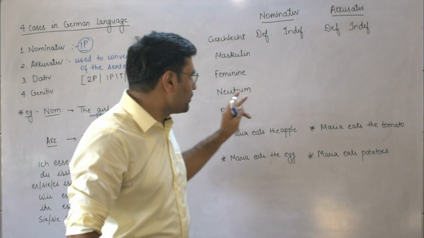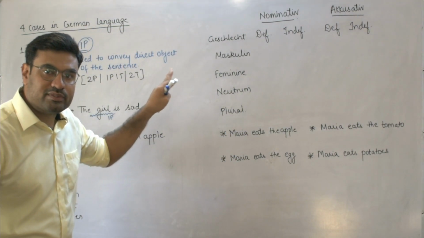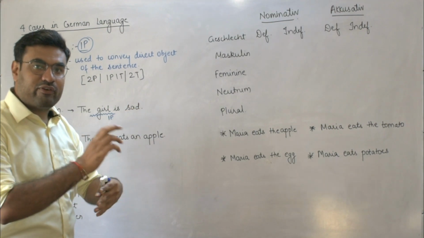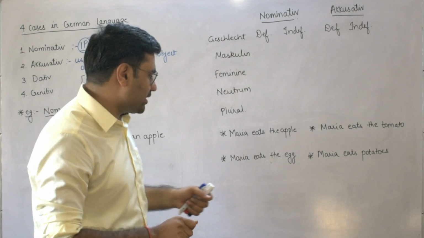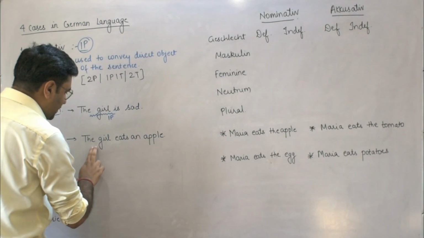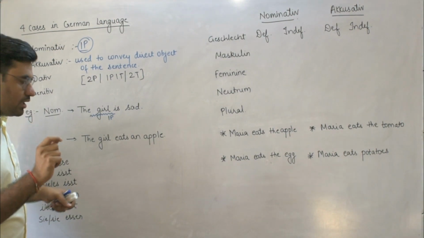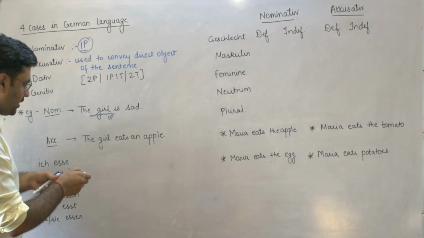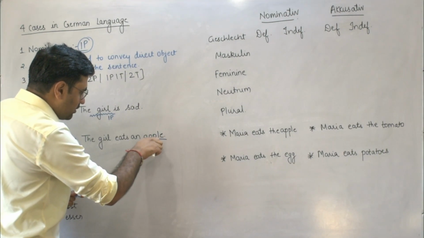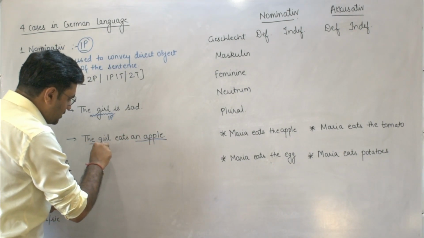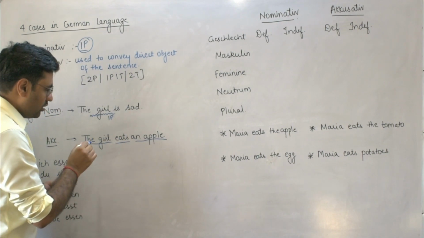In this case, we have a subject, a direct object, and a verb which defines what action is being done by the subject to the object. Next, for example, the girl eats an apple. The apple is the object here and the girl is the subject. Eat is the verb.